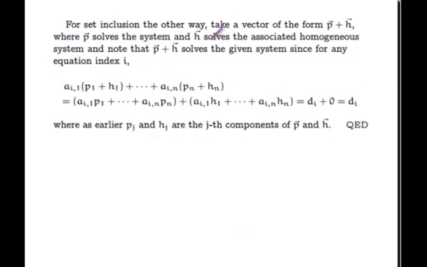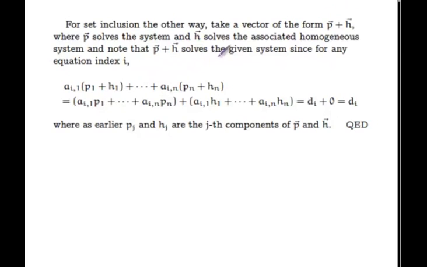Okay. Now let's take set inclusion the other way. In other words, any vector of this form will also be in the solution set. And we do a similar proof. We have a system of n equations. Let's take the ith equation and plug this vector in and show that this vector satisfies that ith equation. So if we do that, the ith equation has coefficients specified as follows.